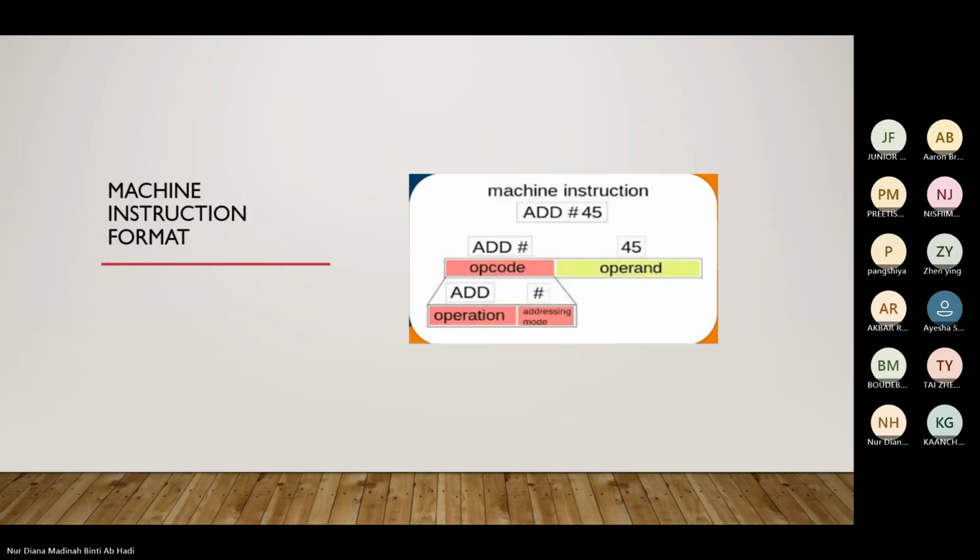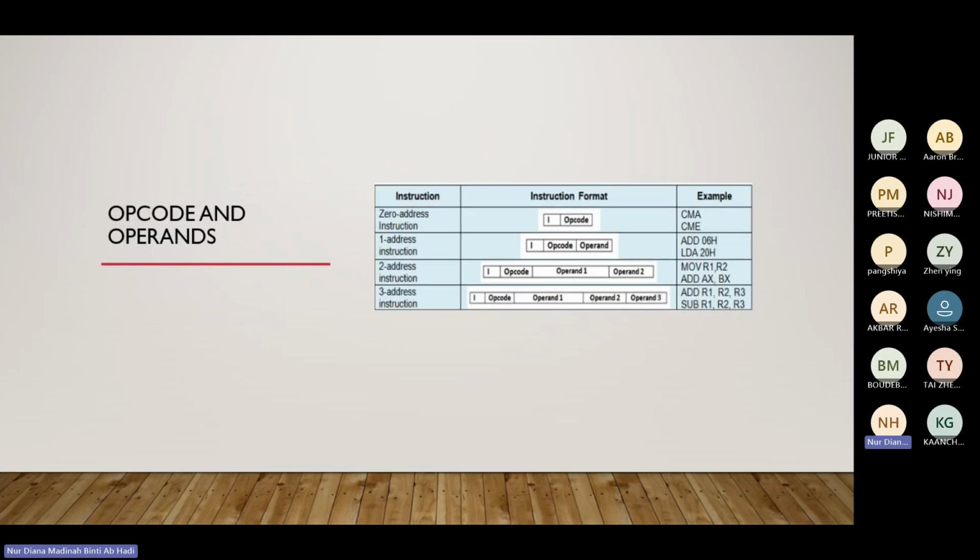So this is how your machine instruction format looks when we use the real input values at hashtag 45. The 45 is your operand. The output at hashtag, it means that at is your operation, hashtag is the addressing mode. So this is the opcode and their operand.